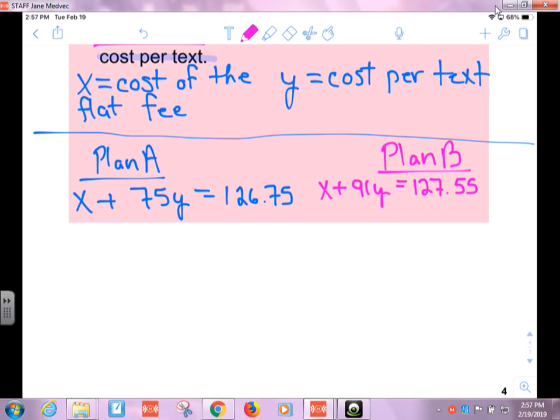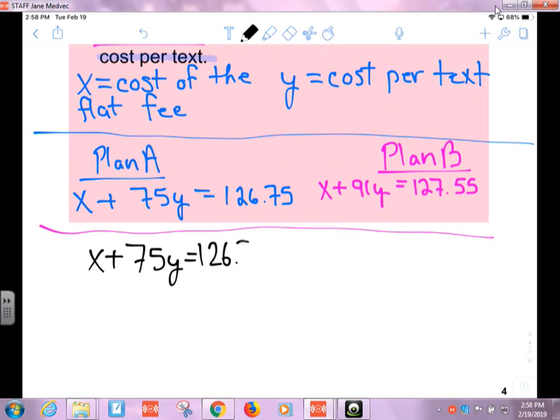These are the types of problems that you're going to see on the bottom of the worksheet that I'm going to give you today. You'll notice that they're all set up for elimination. So I'm going to grab x plus 75y equals 126.75, and x plus 91y equals 127.55.